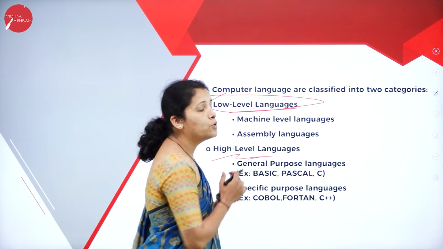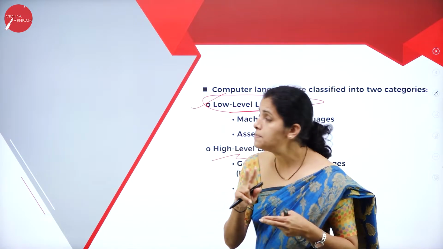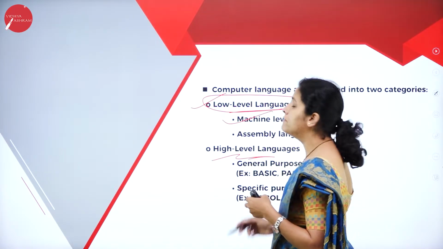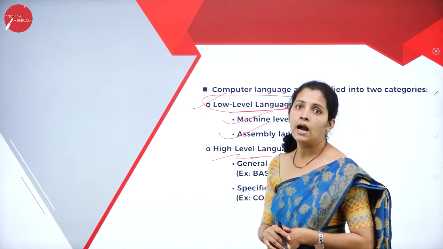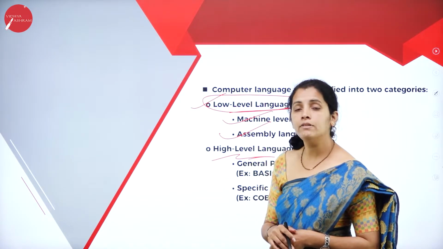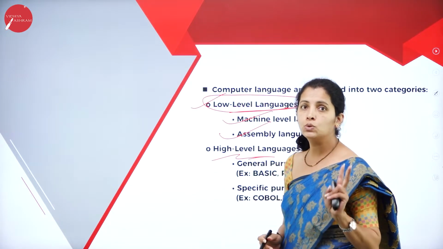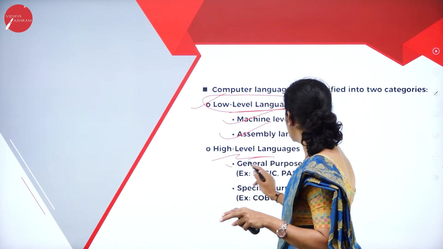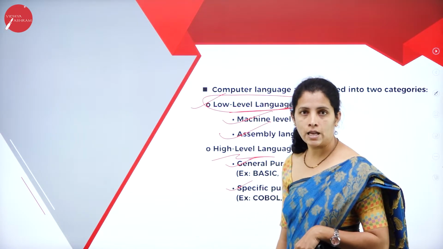The low level programming language is further classified into two types, machine level language and assembly level language. And high level programming language is also further classified into two types, general purpose language and specific purpose language.